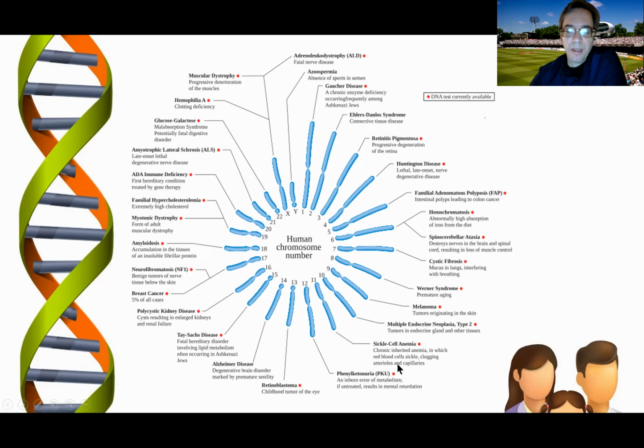Sickle cell anemia is deformed blood cells, red blood cells rather, which aren't shaped the same as normal erythrocytes. There's plenty of others. So we've got muscular dystrophy, which is quite common, Huntington's disease here. So probably the ones that people will have heard more of.